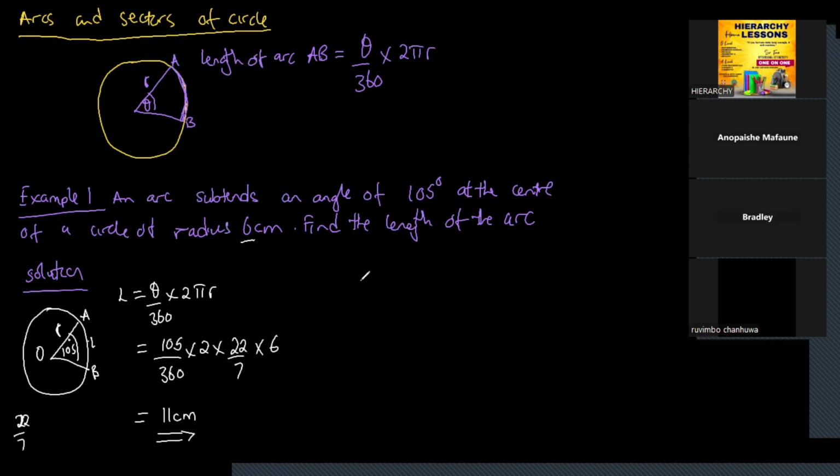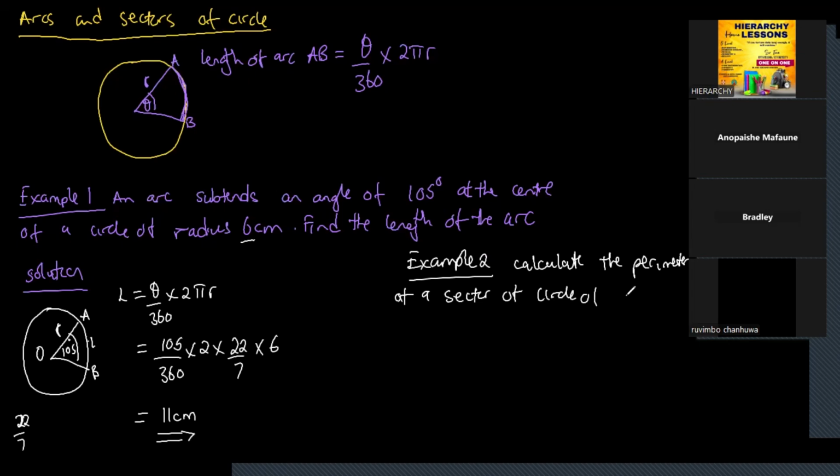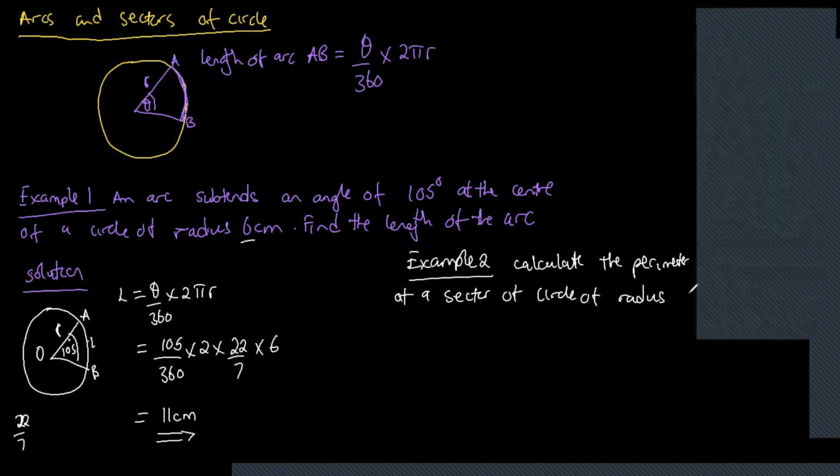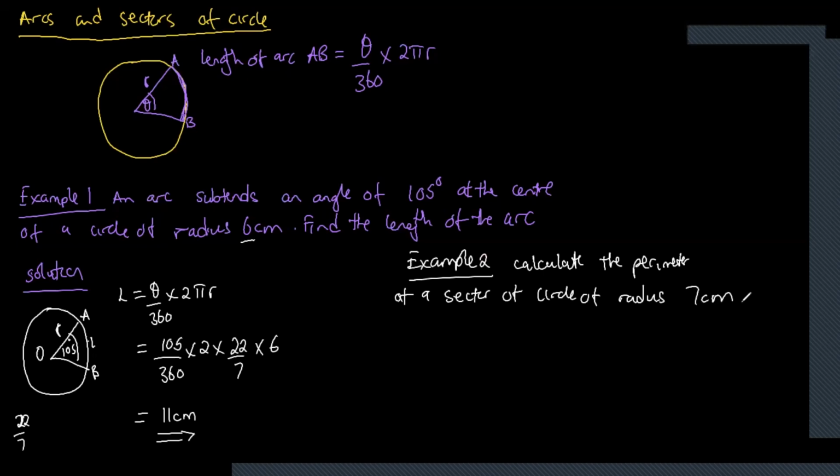So let's look at example 2. It says calculate the perimeter of a sector of a circle of radius 7 centimeters, right?